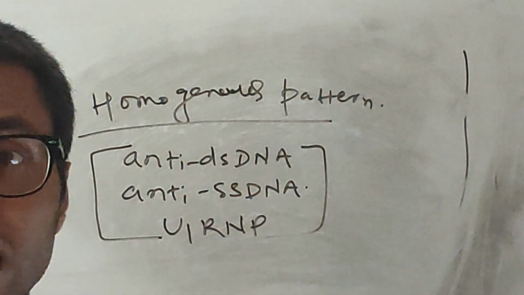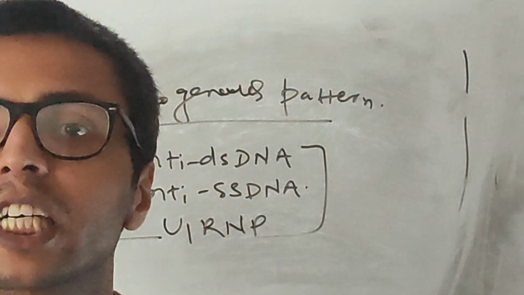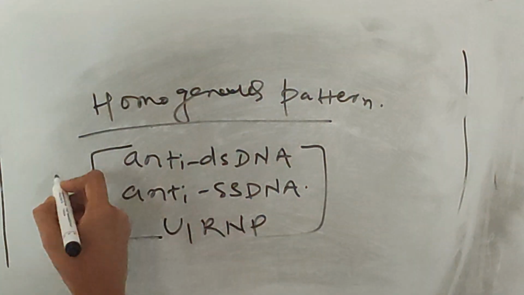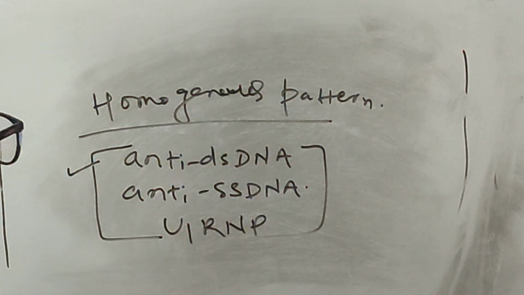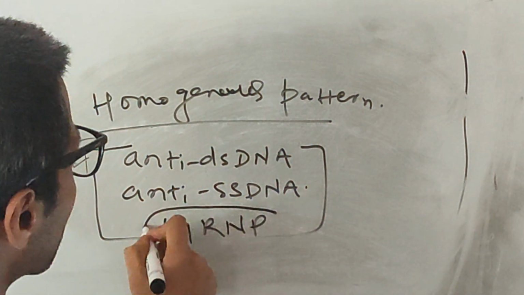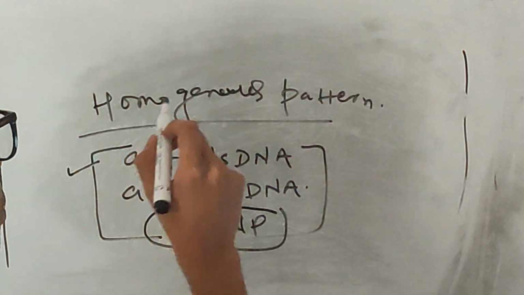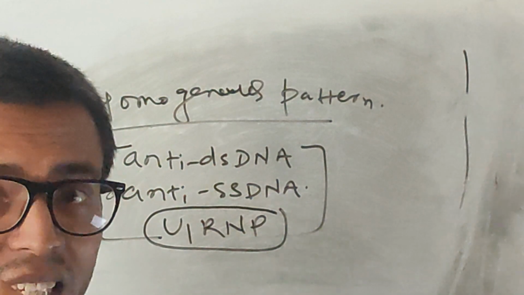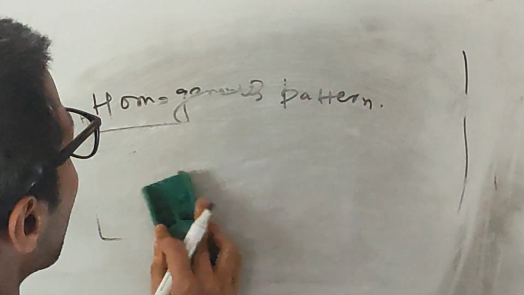In SLE, systemic lupus erythematosus, there is a homogeneous pattern, and anti-dsDNA is highly specific for systemic lupus erythematosus. In mixed connective tissue disease, U1RNP is positive. There also, if you do immunofluorescence, you get a homogeneous pattern.